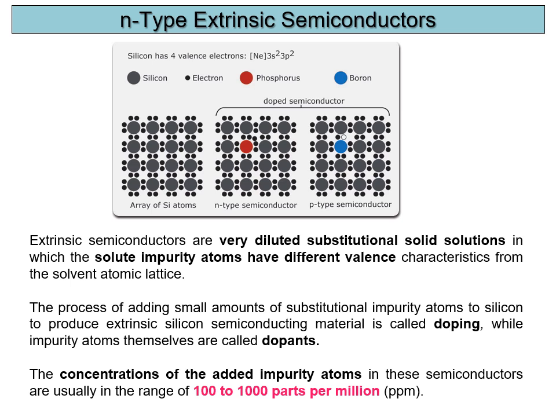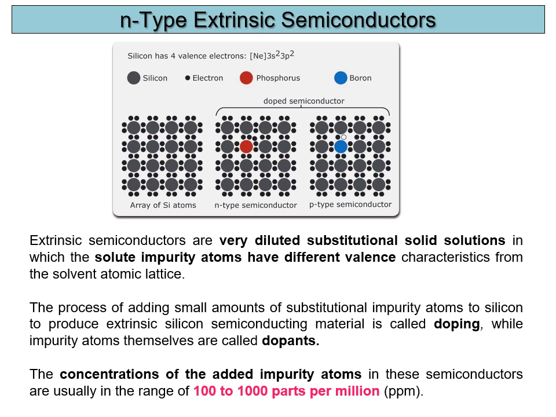Why is doping important? Doping is very important when we discuss extrinsic semiconductors. Extrinsic semiconductors are very dilute substitutional solid solutions in which the solute impurity atoms have different valence characteristics from the solvent atomic lattice.